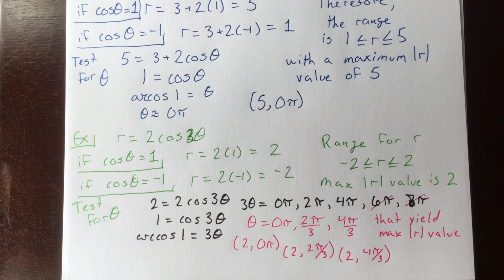Each of them have a name, and in the next lesson, I'll share with you those names, what they look like, and how we can test symmetry and max values for that. So good luck. I believe you're going to be practicing finding the maximum R values and the thetas for those maximum values. And I'll see you in the next lesson where we get to actually look at the names of these graphs.